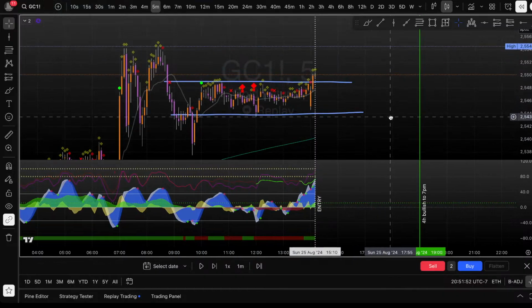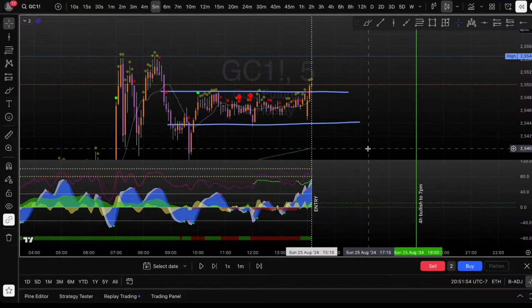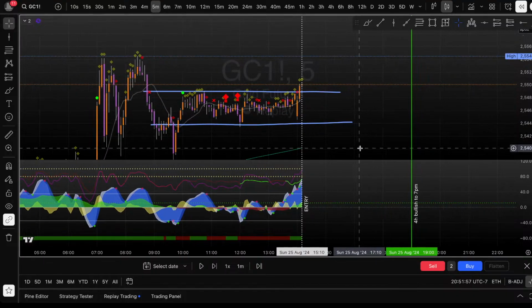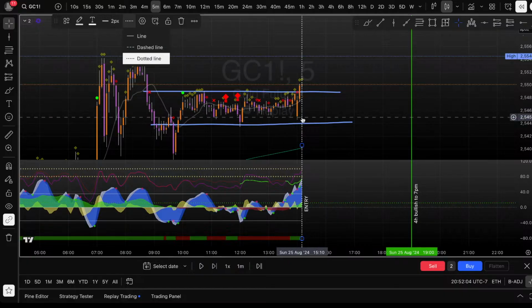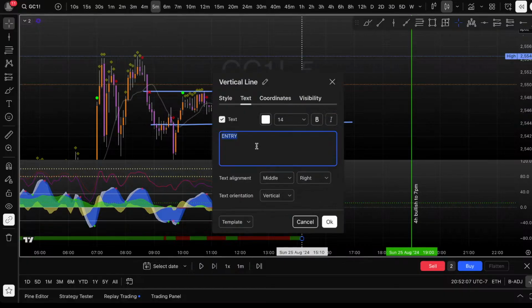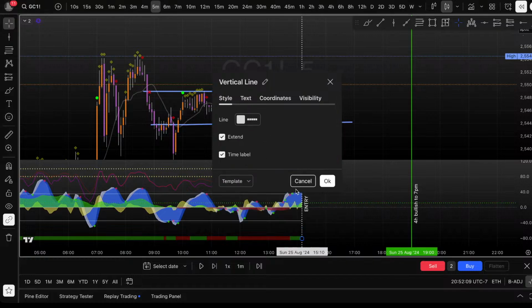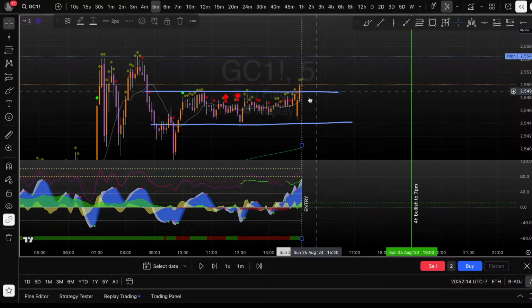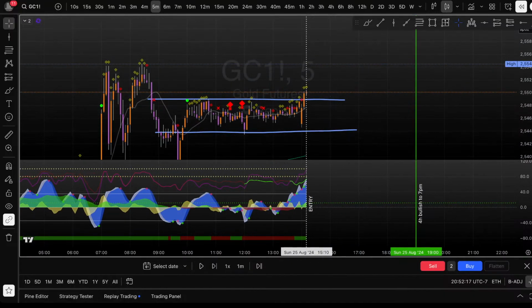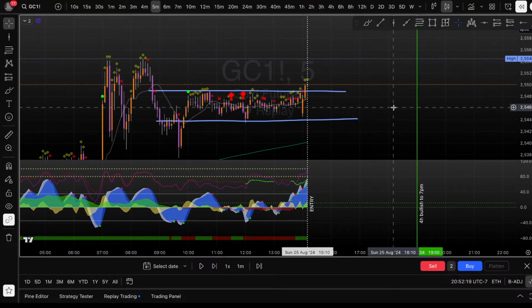But I tell you what, I kind of want to get my screenshots now, so that all we got to do afterwards is document what happened. So let me go ahead and get this 5-minute, because this is what we're entering on.